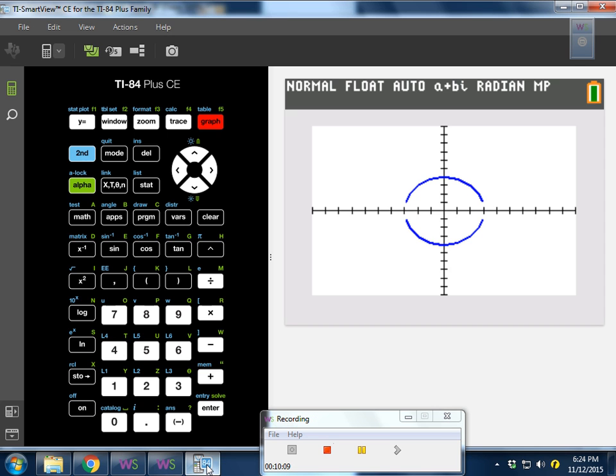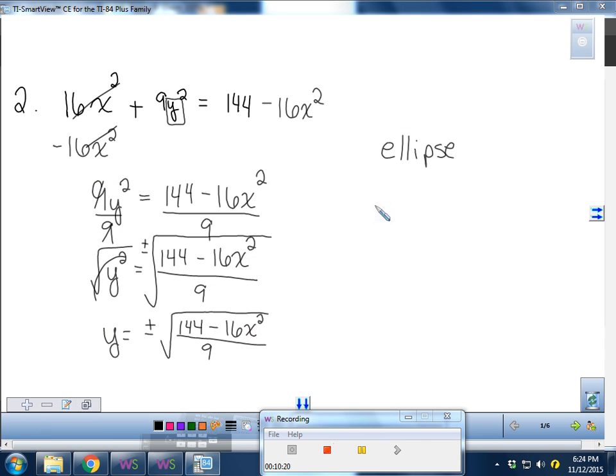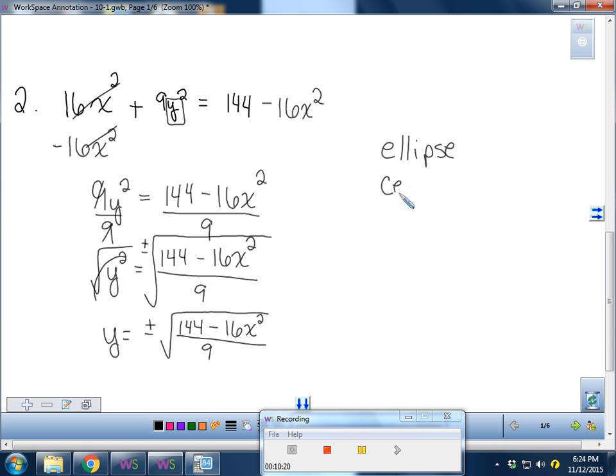If you look at the center, it's just right there in the middle. If you count halfway across, half of 6 is 3. 1, 2, 3 puts you right there at 0, 0. So the center is at 0, 0. We also have some x-intercepts and y-intercepts.